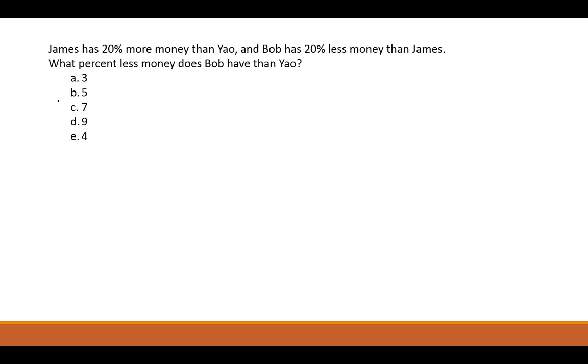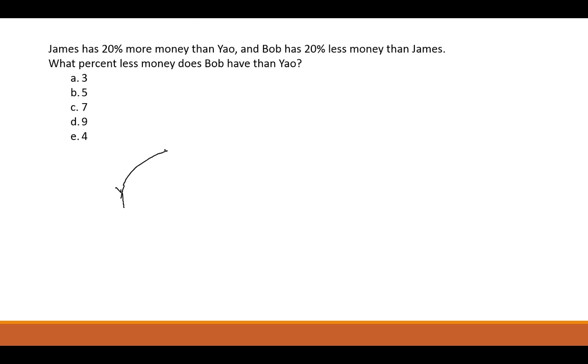James has 20% more money than Yao, and Bob has 20% less money than James. What percent less money does Bob have than Yao? If you see, the reference person in this case is Yao.